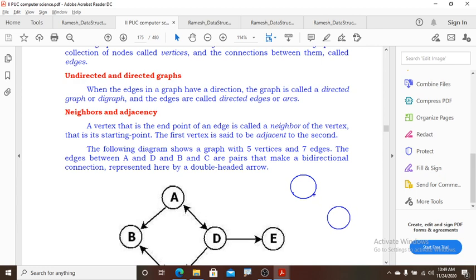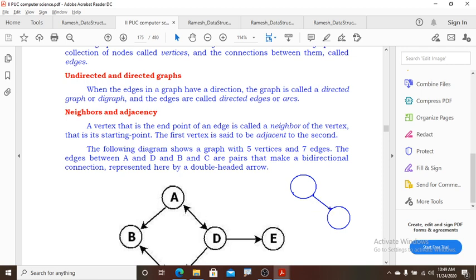From this node to this node, from this node to this node, there is no direction. So we can say it is an undirected graph.